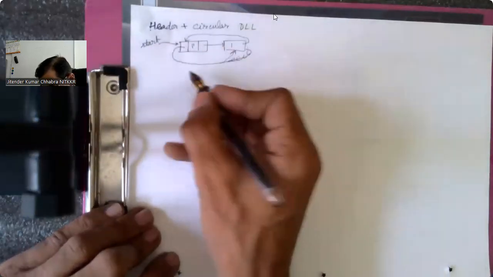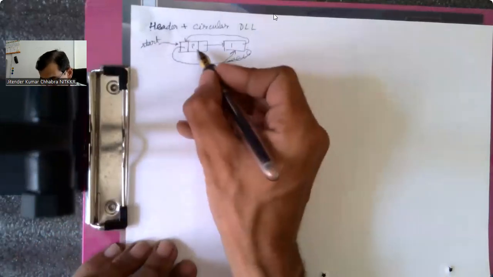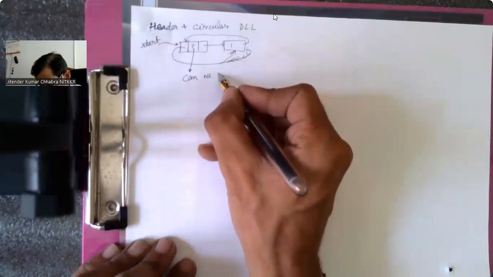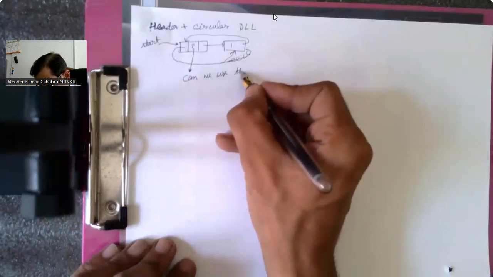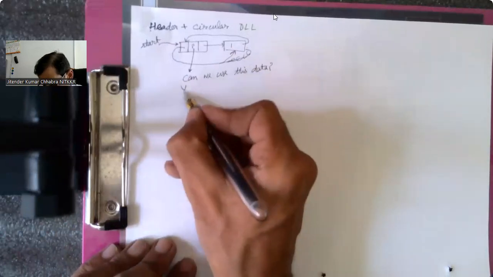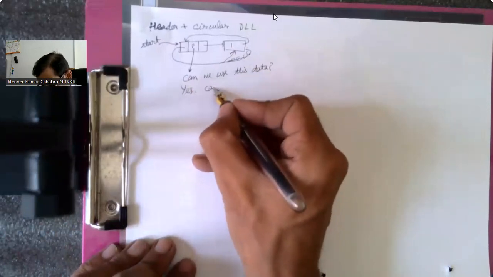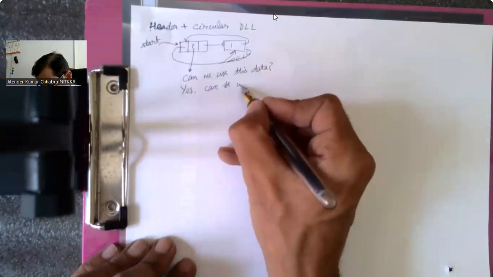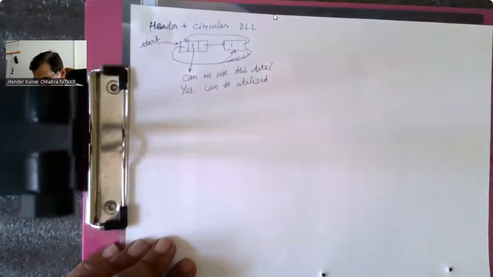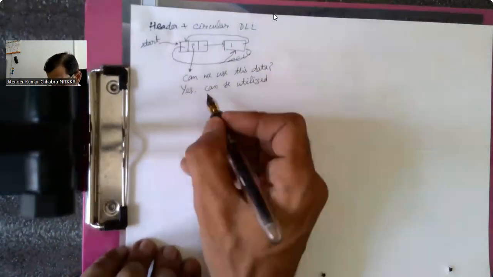Similarly for the singly linked list also, can we use this field? Yes, it can be utilized for some situations, as long as you don't add any extra loop to have this data.